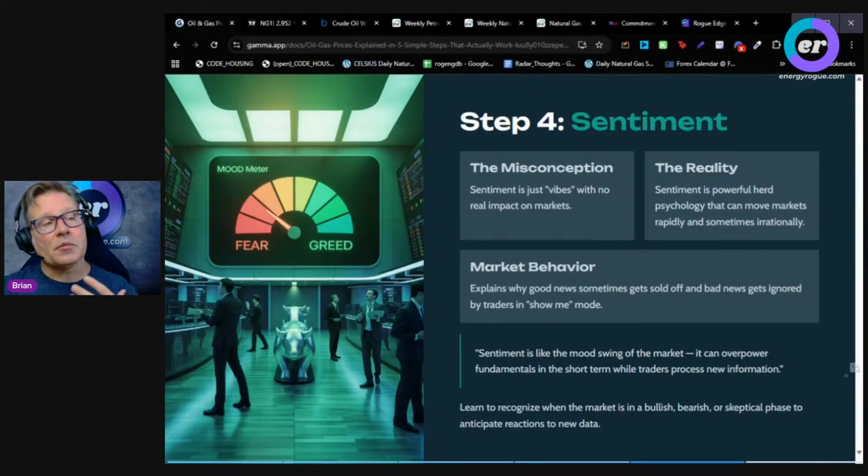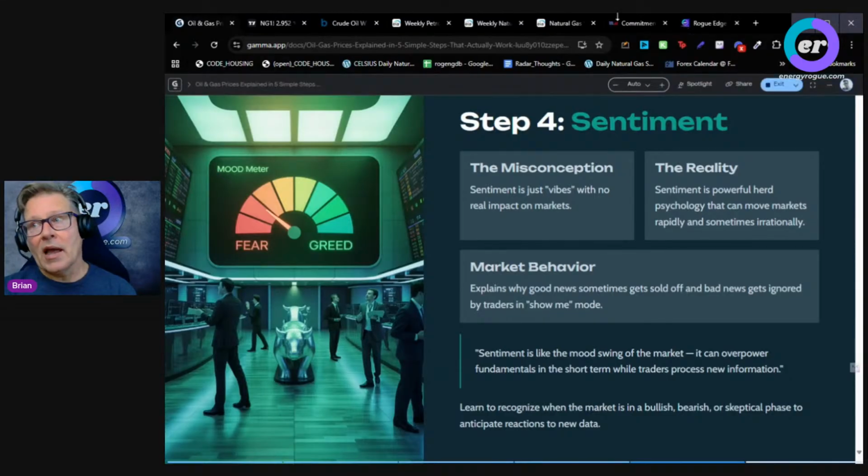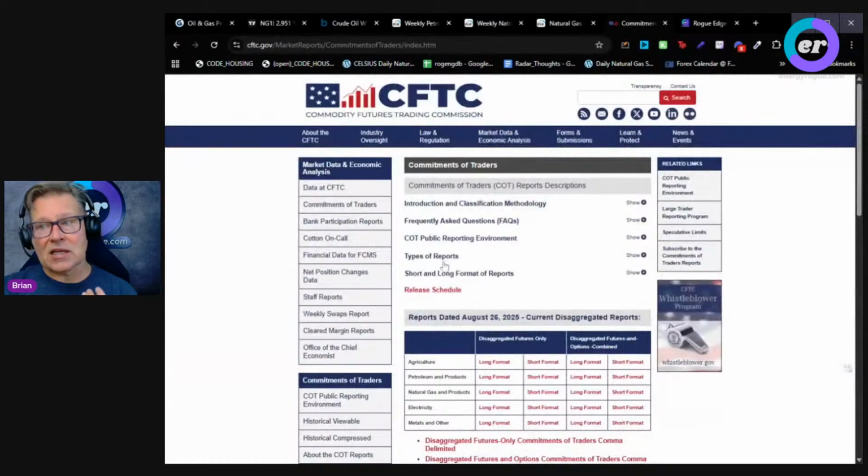Sentiment is capturing the technical sentiment, the fundamental sentiment, the news sentiment, and really understanding the mood of the market. And the place to look there is the CFTC Commitment of Traders report. This report breaks down what commercials, which are industry players, what hedge funds, consumers, and individual participants are doing, whether they're long or short.